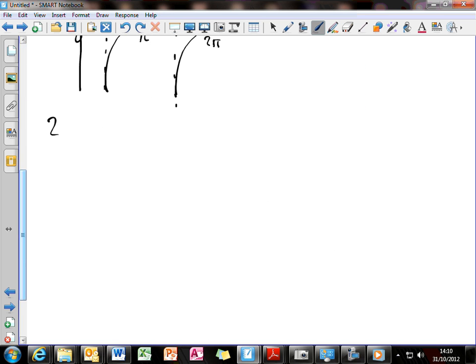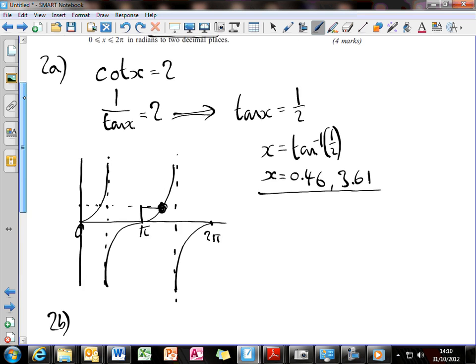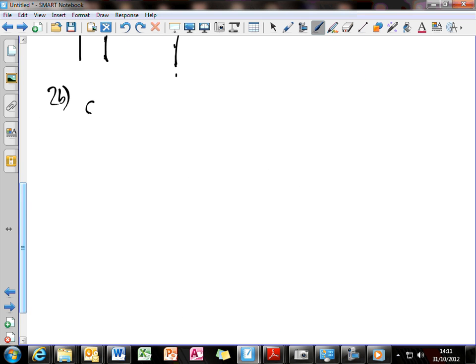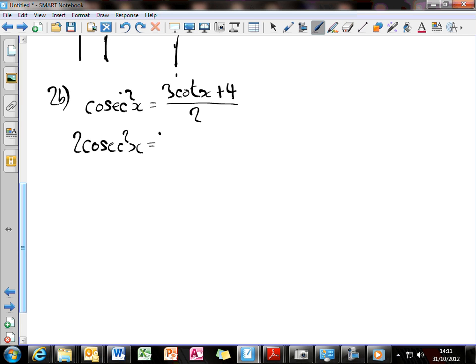So we're going to do 2b, and we're starting off with cosec squared x equals 3 cot x plus 4 over 2. And the first thing you probably want to do is just multiply by that 2 to get 2 cosec squared x equals 3 cot x plus 4.